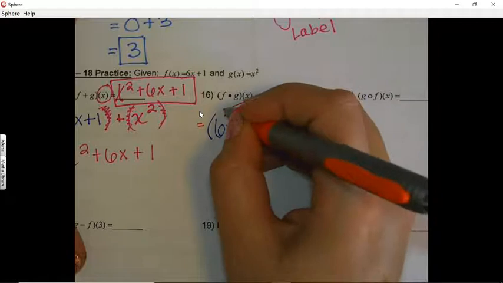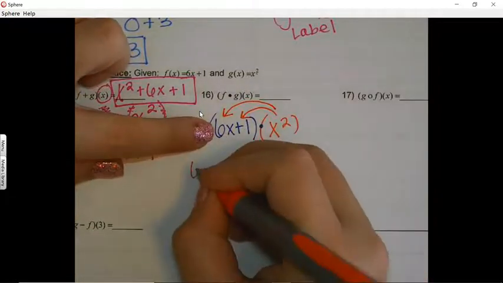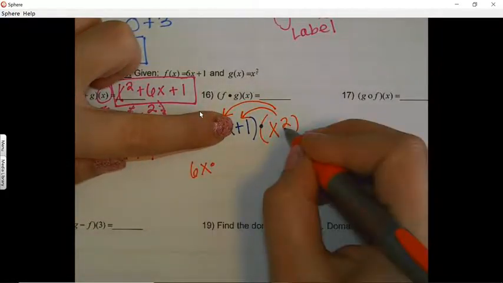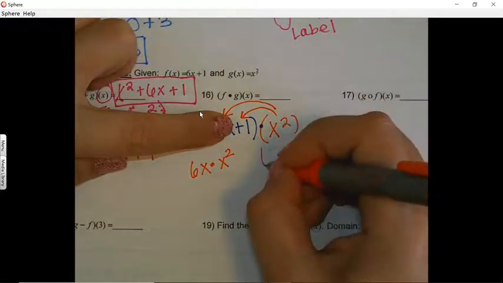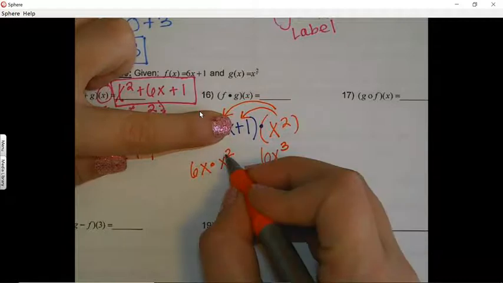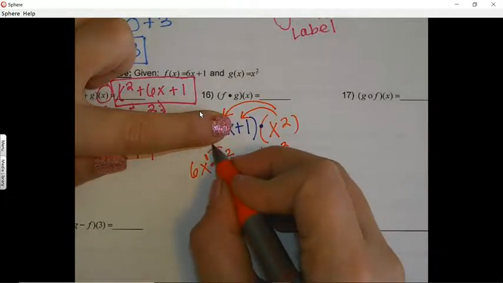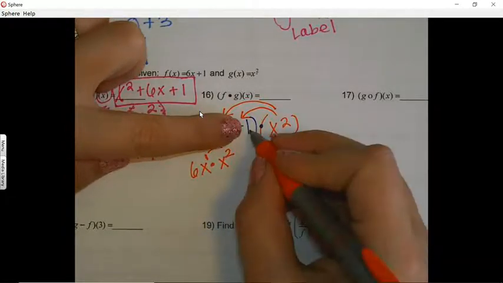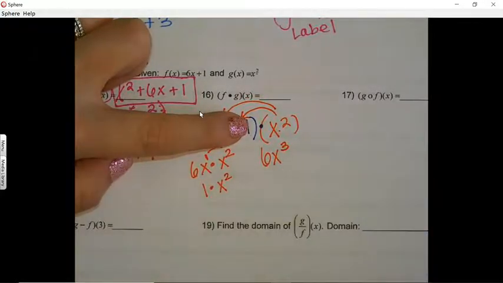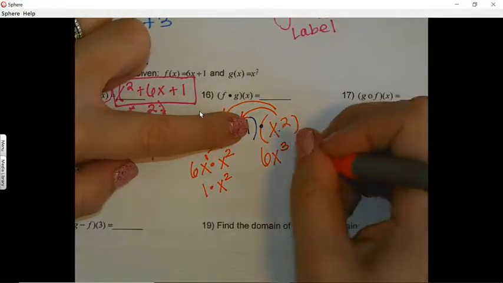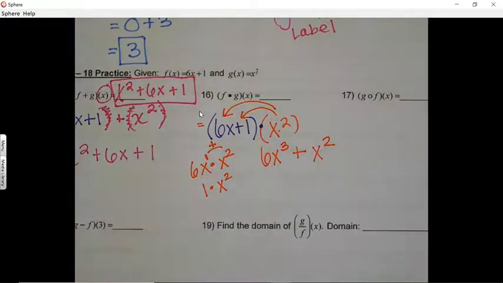I would have 6x times x squared, which makes 6x cubed, because we learned to add the exponents when we're multiplying. And then we have 1 times x squared, which is just a positive x squared.